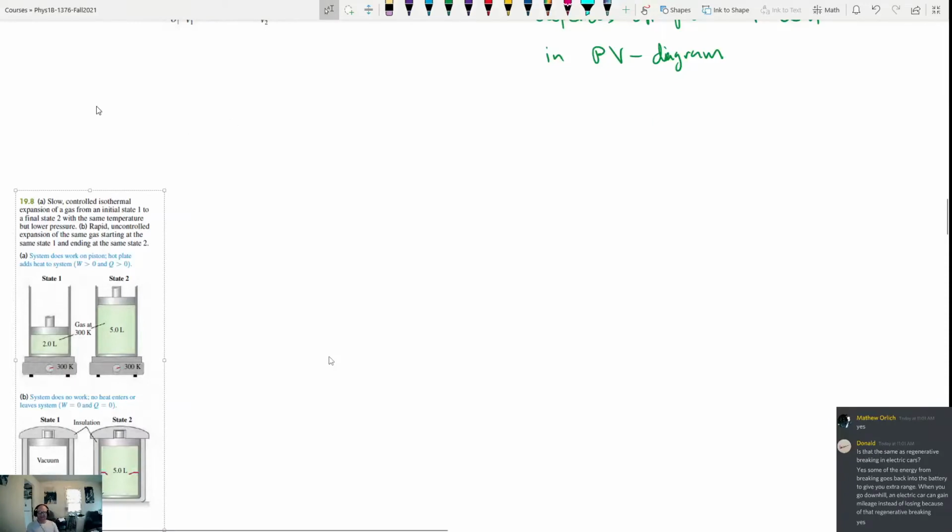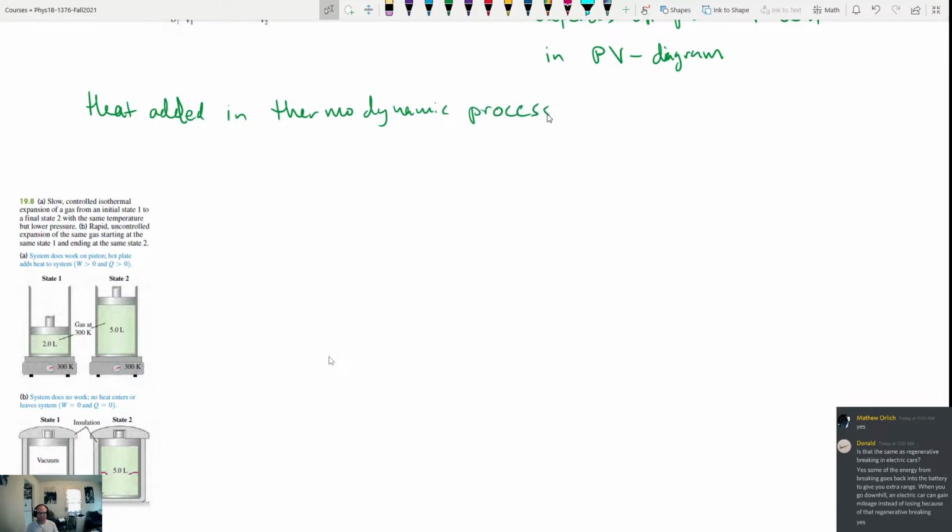So now we want to talk about the heat added in thermodynamic processes. Okay, so for this one, again, the heat that gets added is going to depend upon the path taken as well.